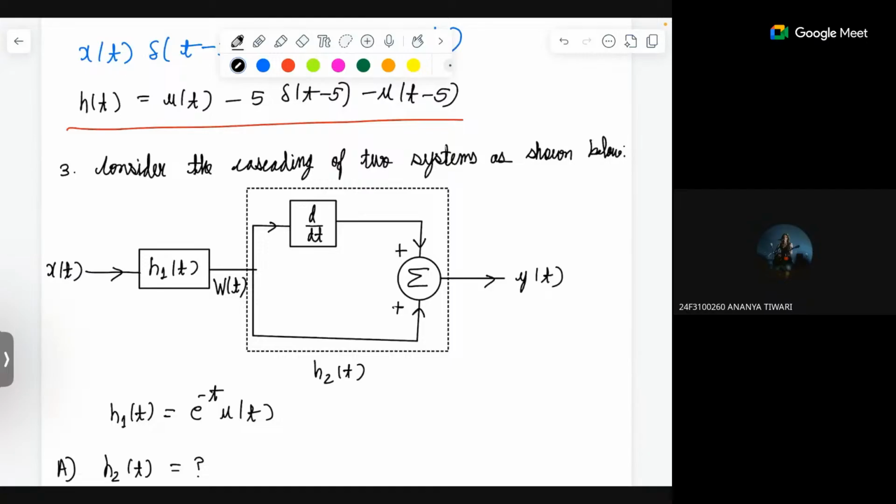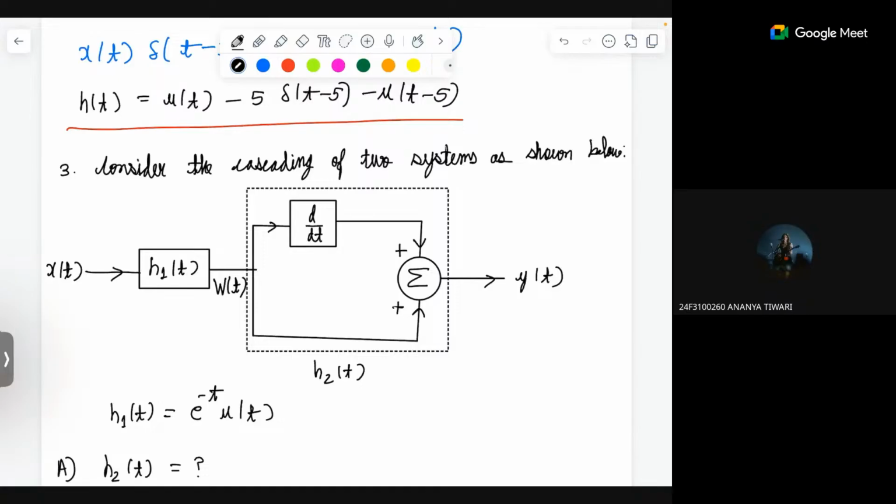This one. Okay. Now you have to find the output yt in terms of the input xt, and this is an LTI system. I will just give you 2 minutes, not more than that. You have to find overall output yt in terms of overall input xt.